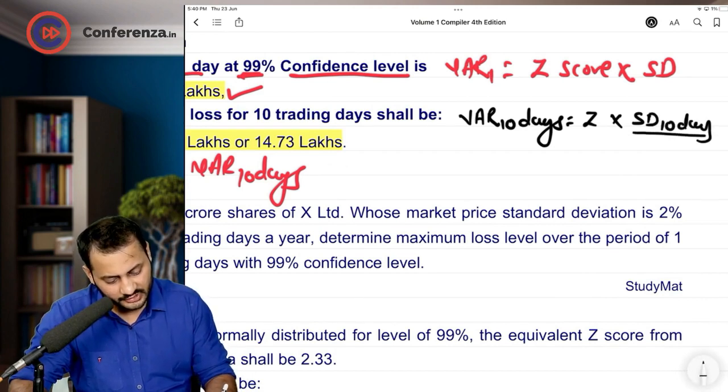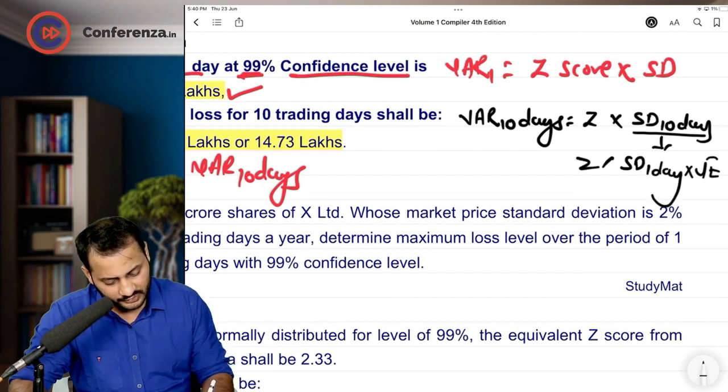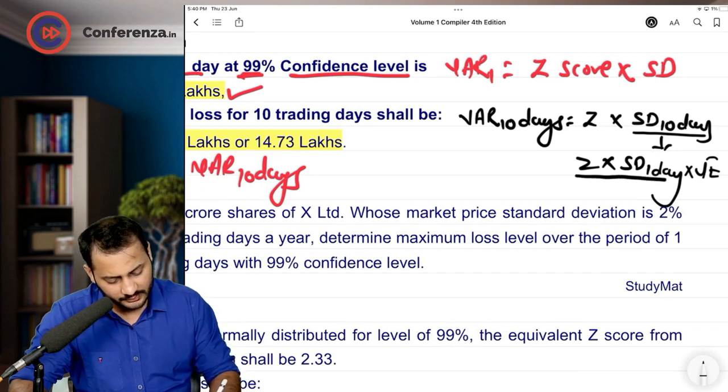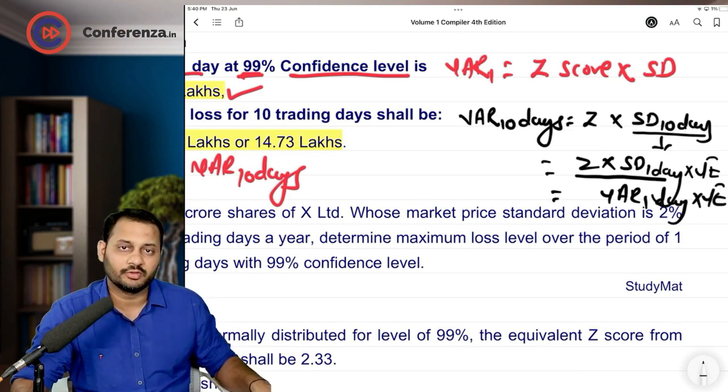Then you convert the standard deviation of 10 days into standard deviation of 1 day into under root t, and then you can convert this part into VAR of 1 day into under root t. So there are 3 different formulas for this.